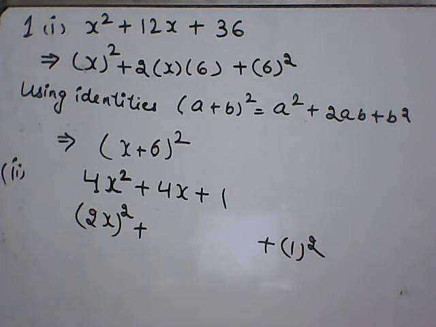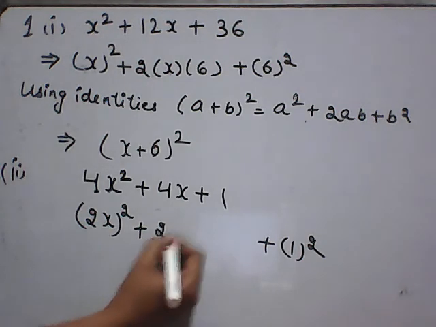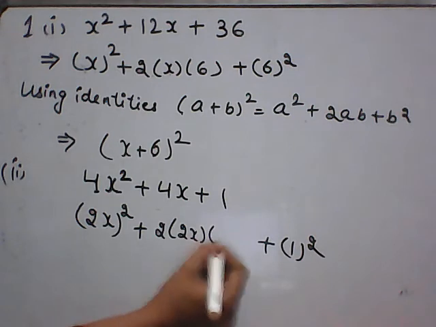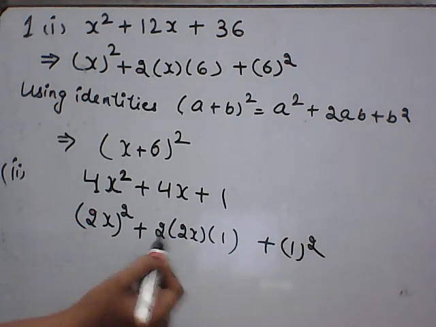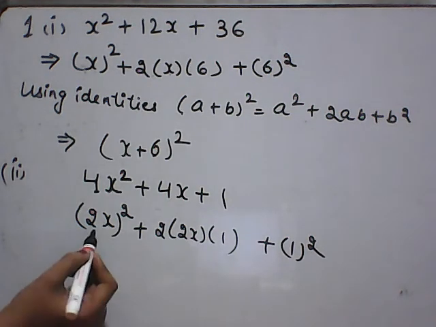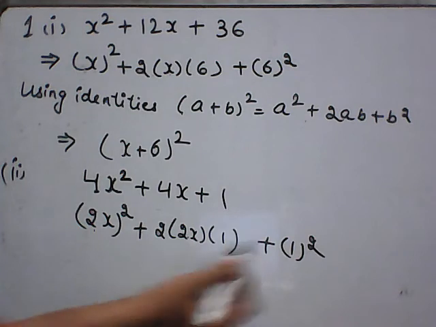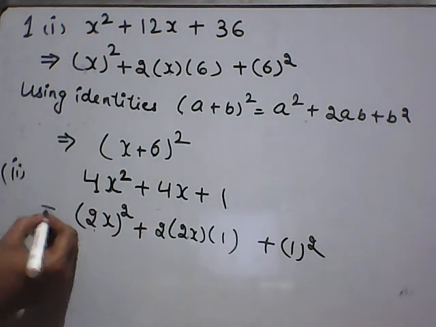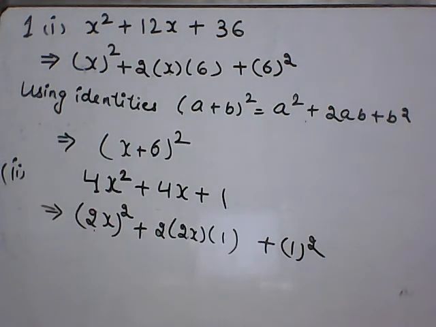So it also fits into the first identity. 2 into 2x into 1, it is 2 twos are 4x. So 4x square plus 4x plus 1 can be written in this way: (2x) whole square plus 2 into 2x into 1 plus 1 whole square.